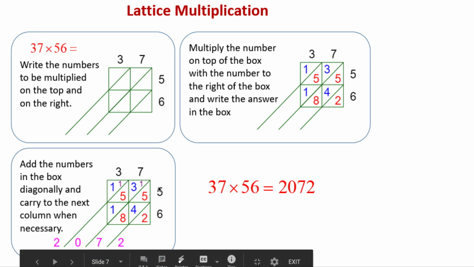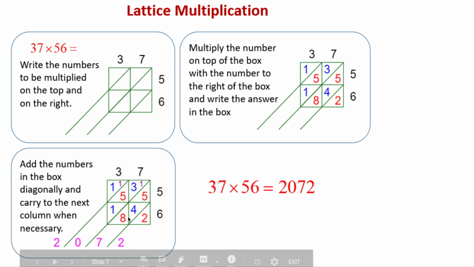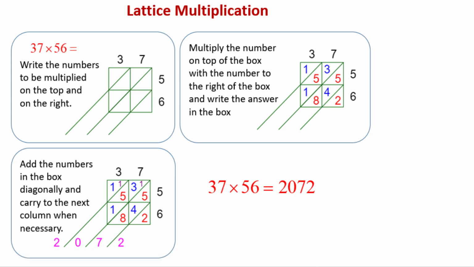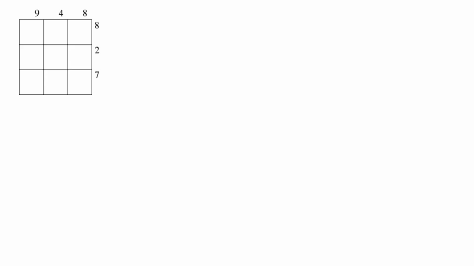Actually, it's not 5, right? So 50 times 7 is 350. So this is 350. That 5 is in the tens digit. So we know that this is the tens digit, and that becomes the hundreds digit, and that's the thousands digit. I want you to actually compare this with the partial product of 37 times 56. Then you will see the connection there.